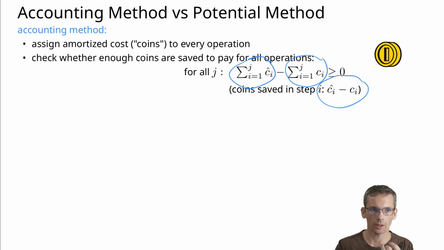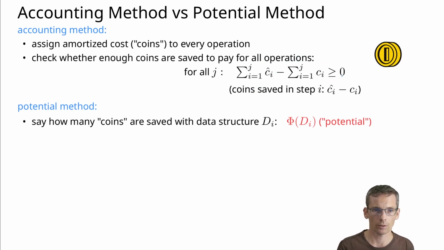So in the accounting method, we assign amortized costs, and then we have to see whether we have enough coins saved up during the process. In the potential method, instead of looking at how many coins I put in, I look at how many coins I have stored. What I'm saying is: how many coins are saved with the data structure after step i?